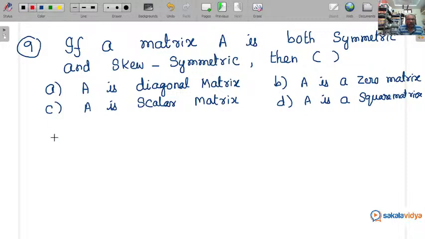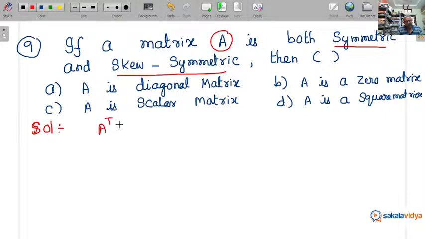So my dear students, here matrix A is symmetric as well as skew symmetric. So that means A transpose is equal to A, this is equation 1, being symmetric, and A transpose is equal to minus A, this is skew symmetric.